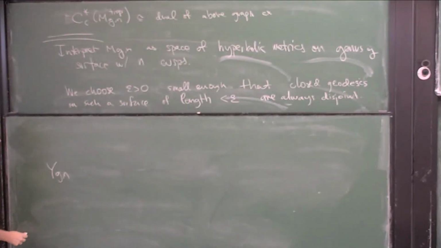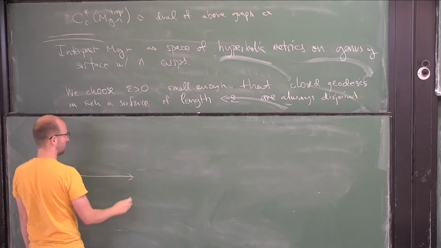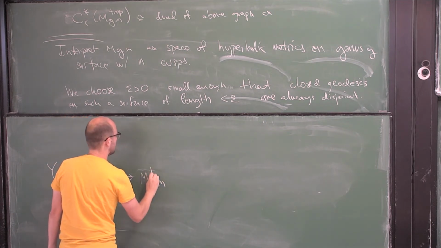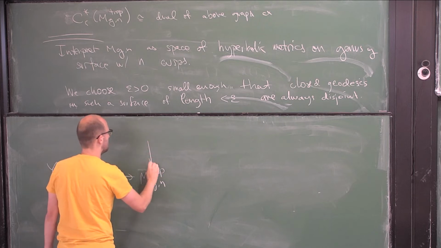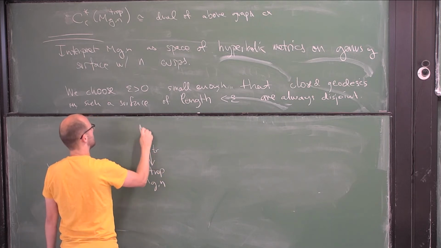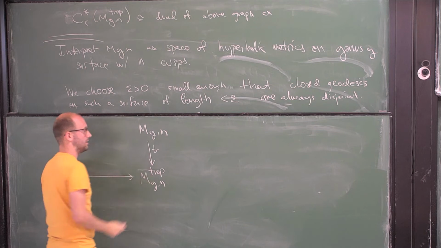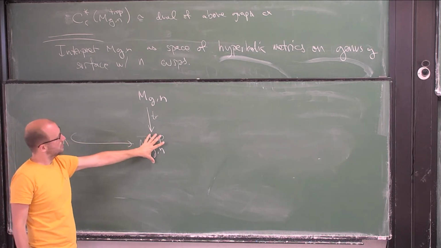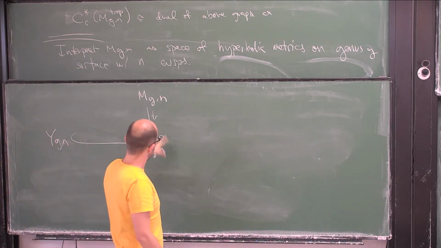YGN here, which sits as an open subspace. Tropicalization map from MDM. And taking compact support cohomology of everything inside, you get Kontsevich's graph complex here with hairs, mapping to this other graph complex.